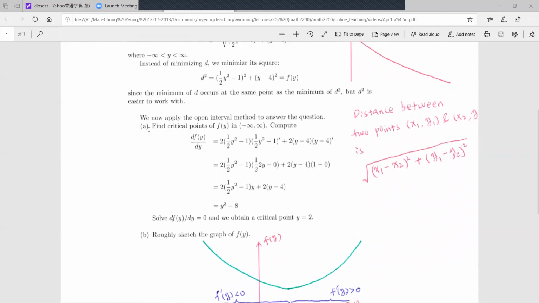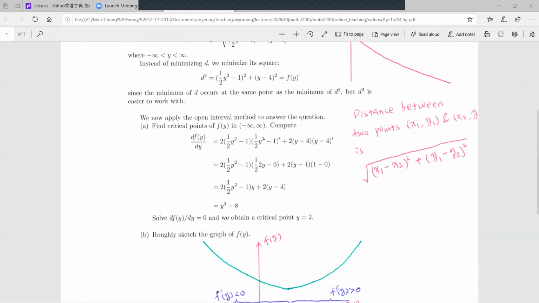Step 1 of the open interval method, we need to find the critical points of the function f in this interval. So take the derivative of the function f with respect to the independent variable y. For the first term, I can use the chain rule to get this. And I also use the chain rule to compute the derivative of the second term. Then I get this.